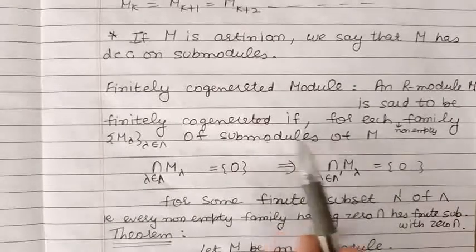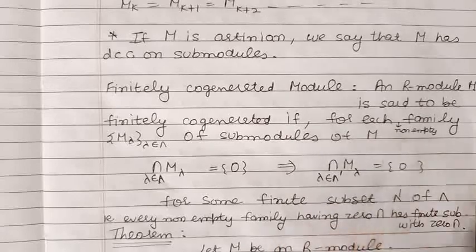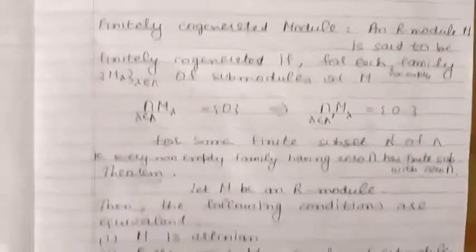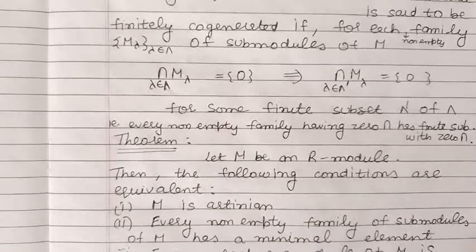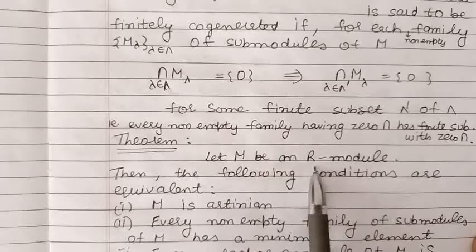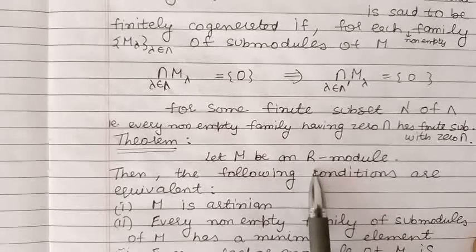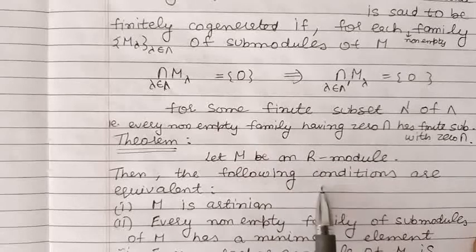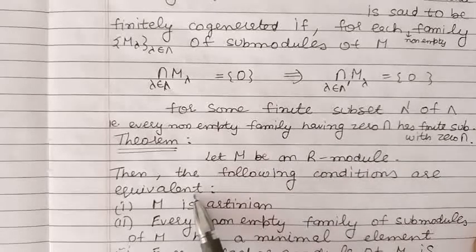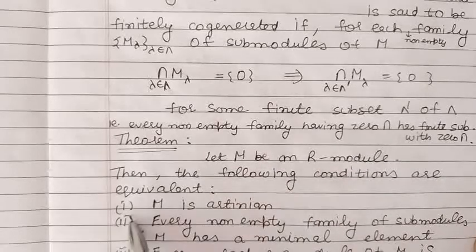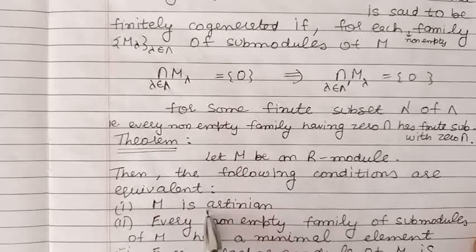Then we say that the module M is a finitely co-generated module. Now next we discuss equivalent conditions related to Artinian modules. Let us take an R-module M. Then we prove that the following conditions are equivalent. First condition, M is an Artinian module.